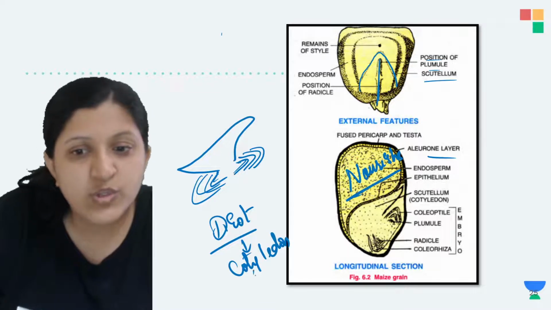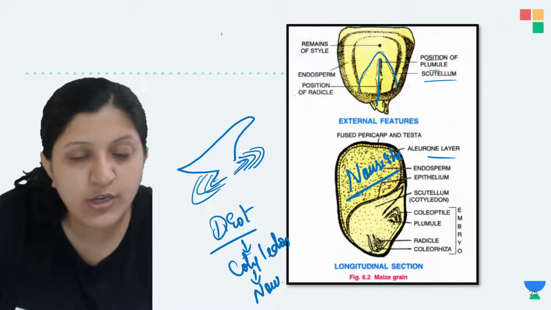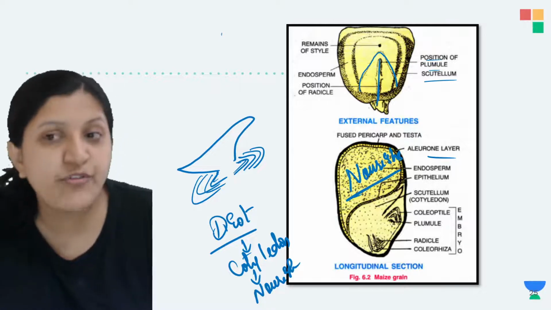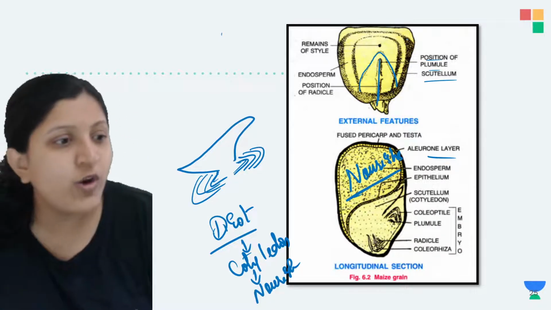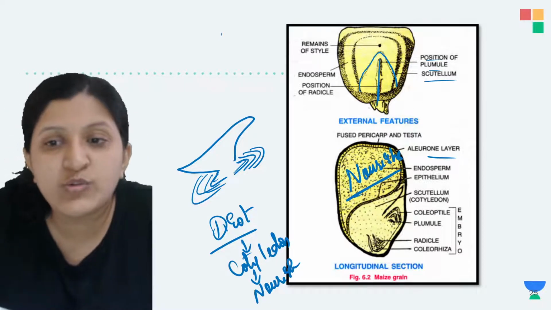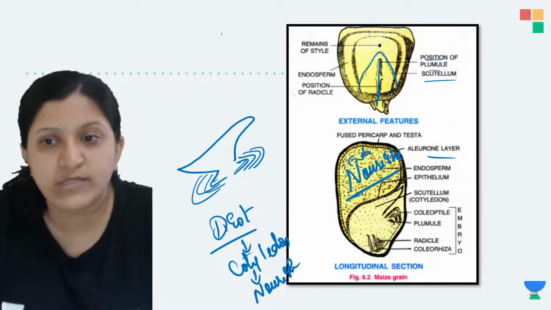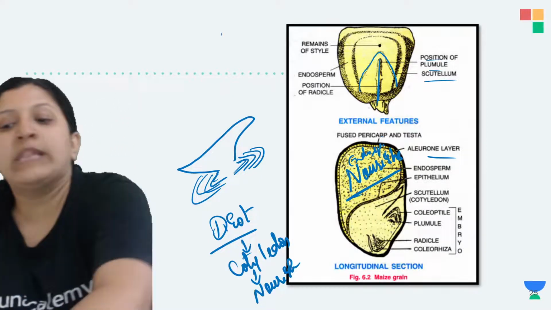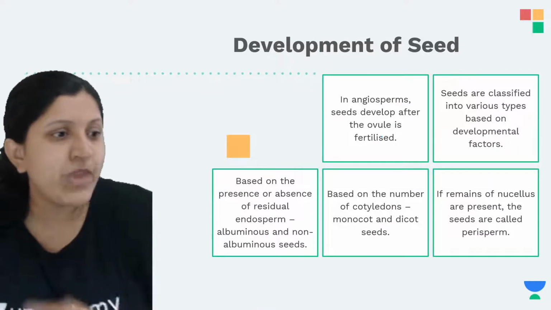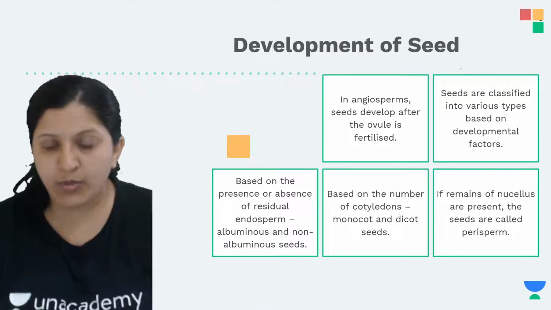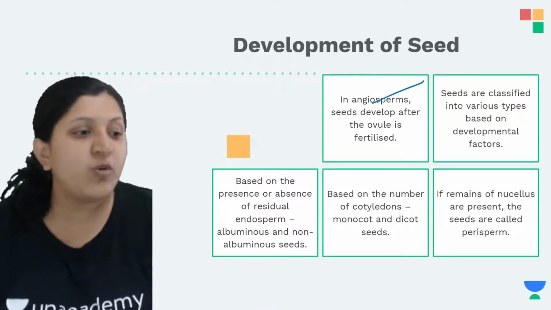So who is doing the nourishment? In dicots it is the cotyledon, but in monocots it is not the cotyledon, it is actually the endosperm. This remaining part that you see, the endosperm, is the one that provides some nourishment for the developing embryo. So in angiosperms, what is an angiosperm?